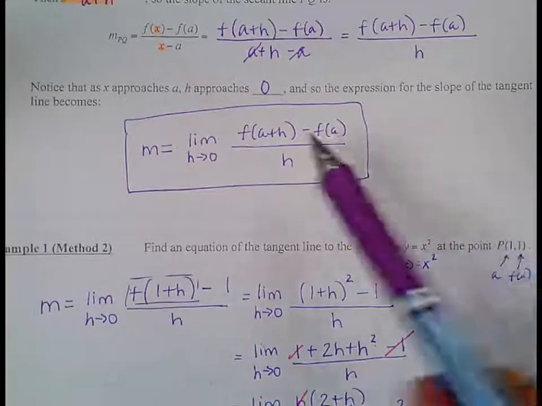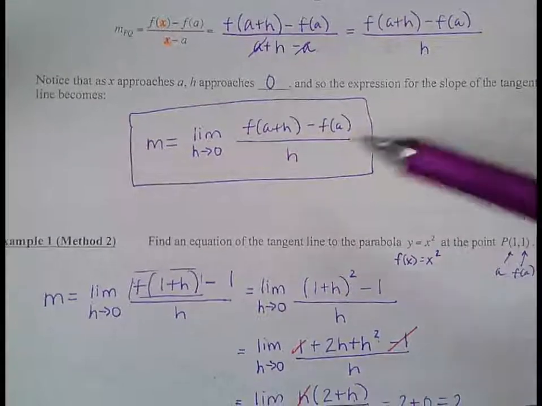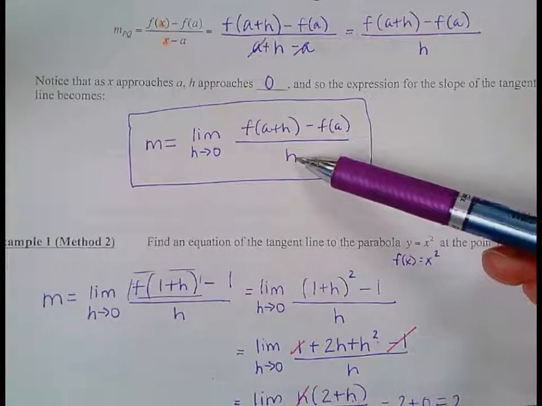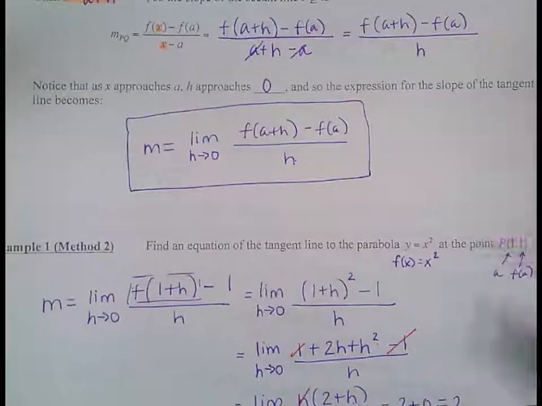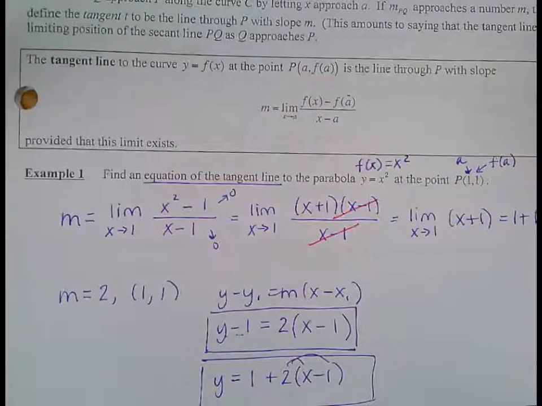So the reason I prefer this one, not that it's the best one to use every time, is because all I have to try to do is cancel out an h in the denominator, versus in the other formula, you're trying to cancel out an x minus a. So there's just less to cancel. There's one term to cancel versus an expression, or two terms.